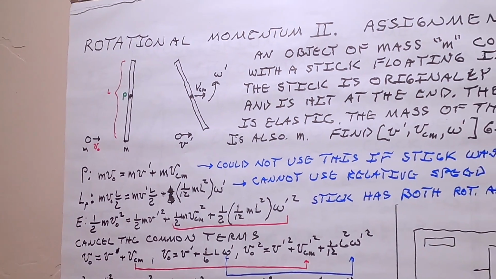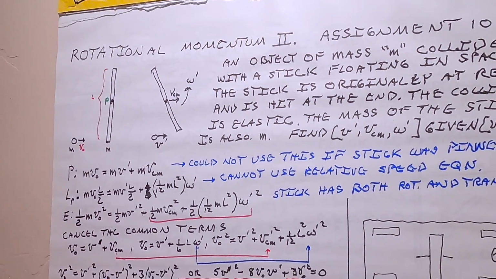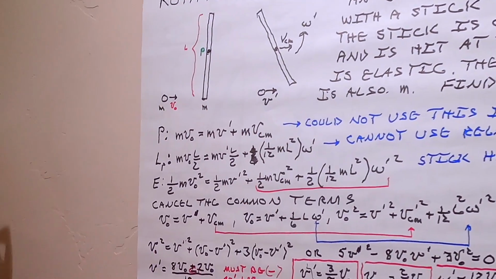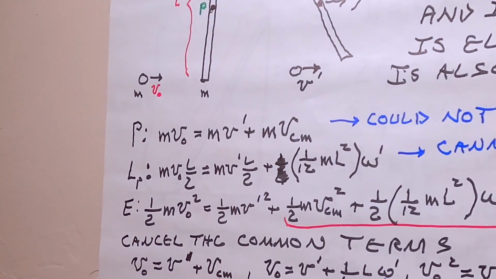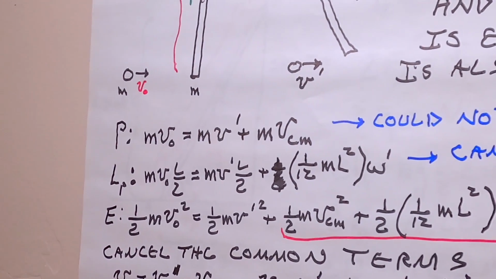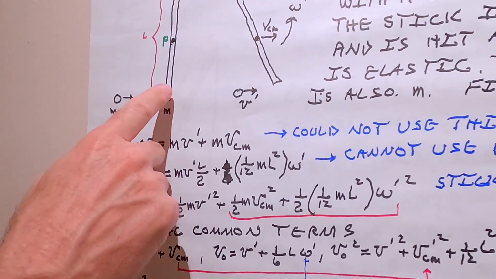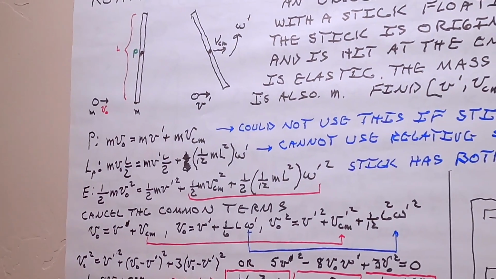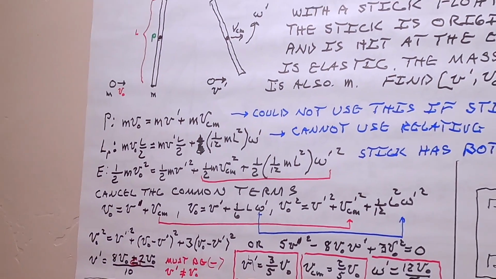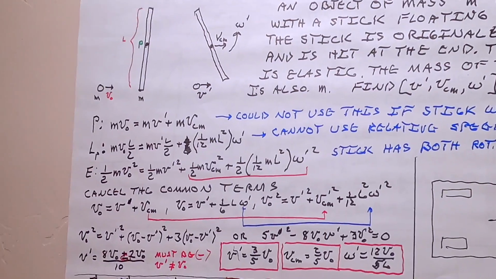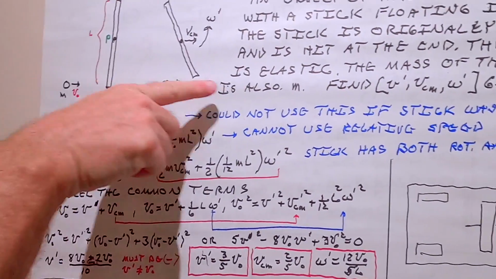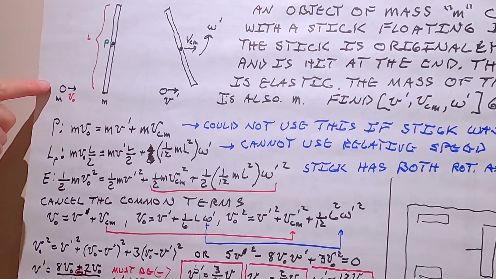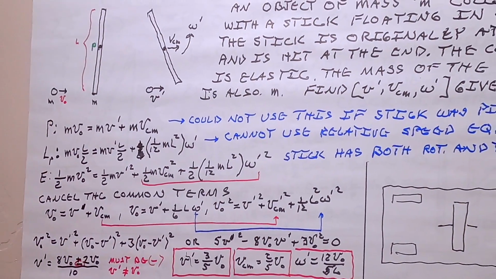Now, first of all, we can use regular momentum on this. Why? Because the only forces are whenever this hit it, there's a normal force there and a normal force back, and we're looking at the entire system. So the total force is 0, so we can use regular momentum. All the momentum in the x: before, it's just mv naught.